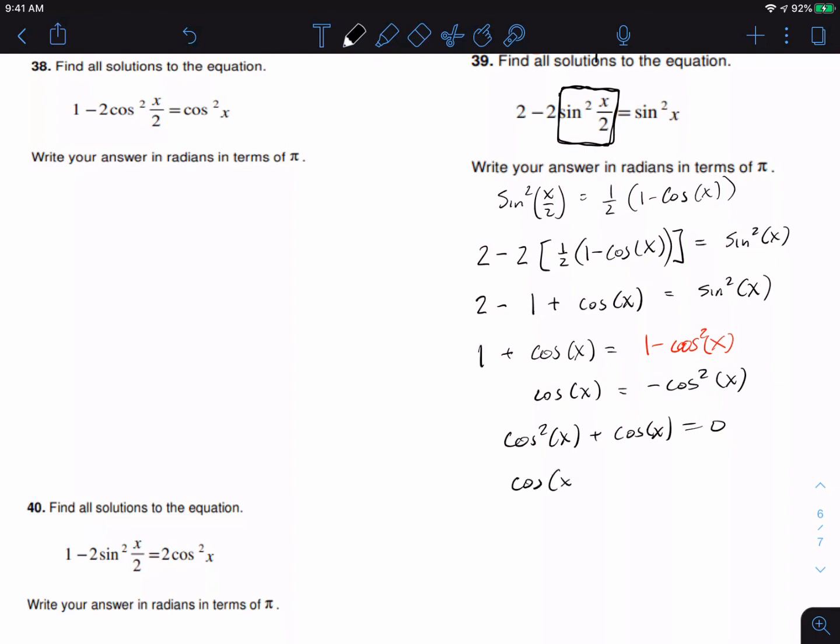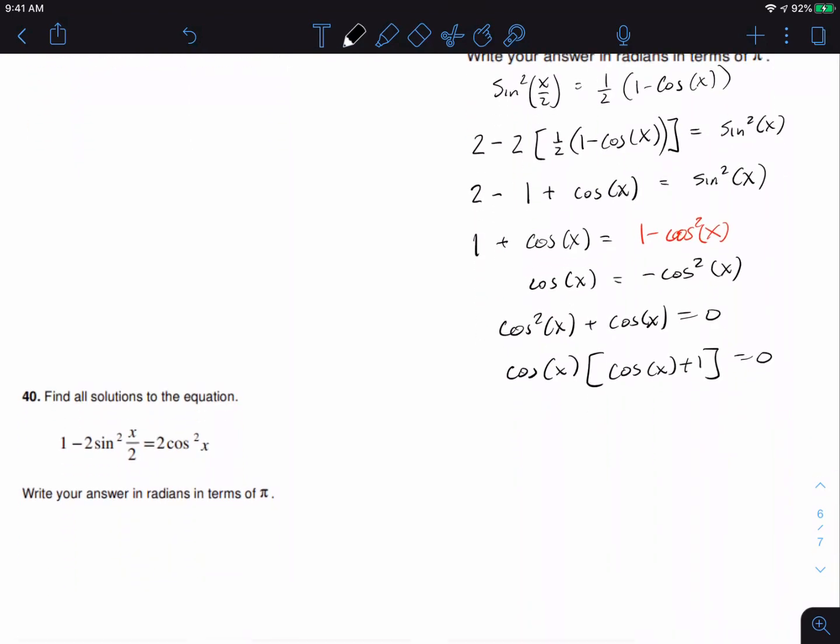Factoring out a cosine of x, I should get this. And now I'm going to have two solutions, correct? So cosine of x is equal to 0, or cosine of x plus 1 is equal to 0.